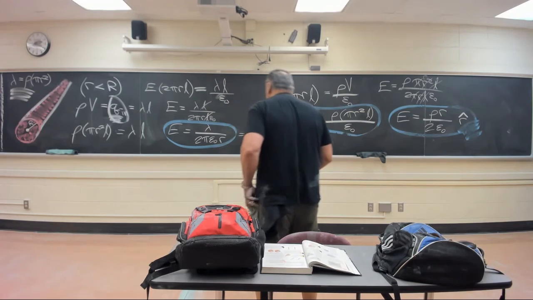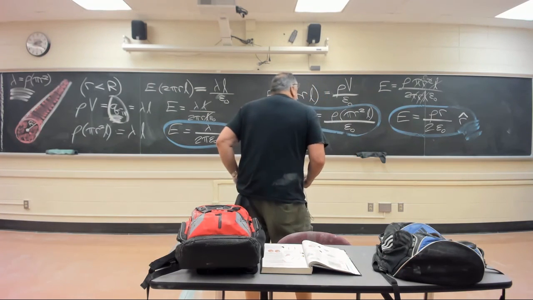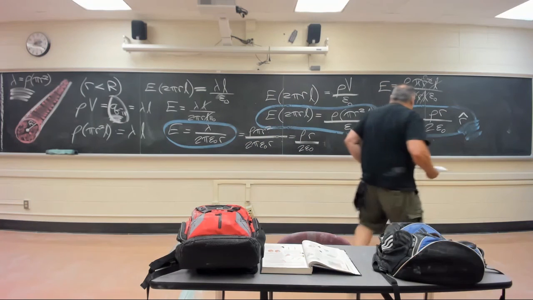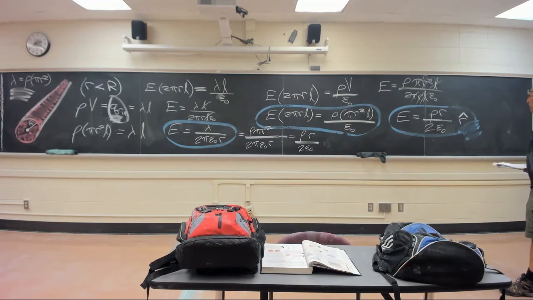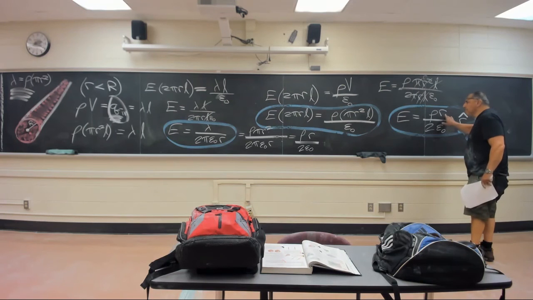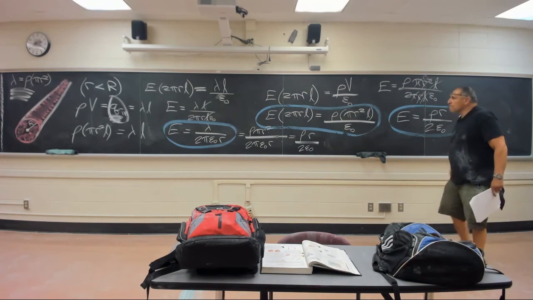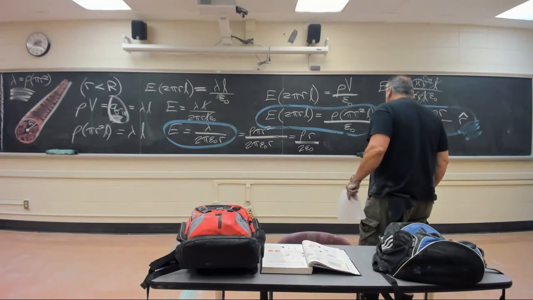So you could say, yeah, is it going to be true that way on the very edge of something like that when r was equal to R? Well, if you put this guy at R. Just trying to figure out why they're saying what they're saying here, guys.